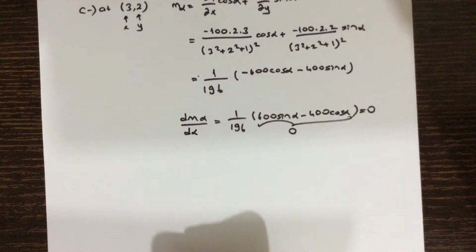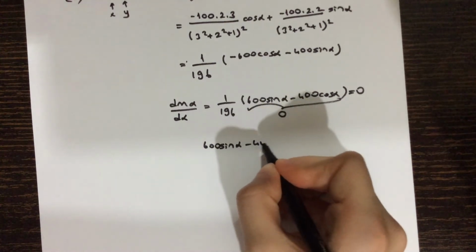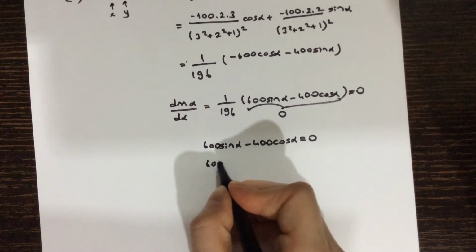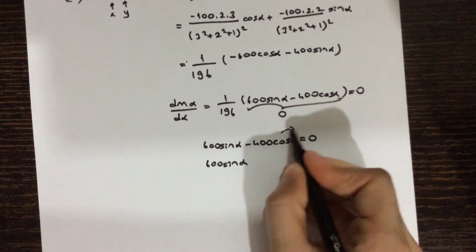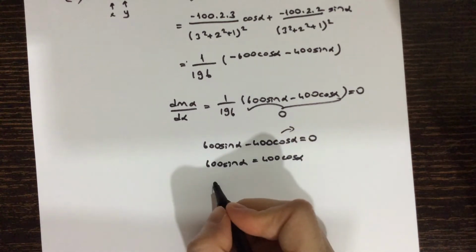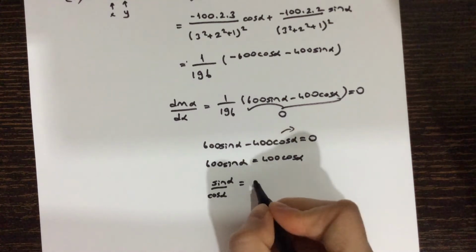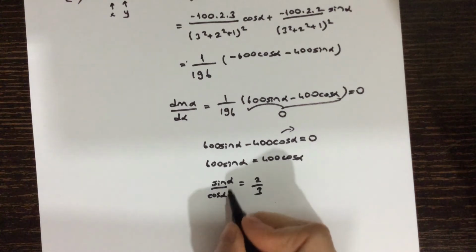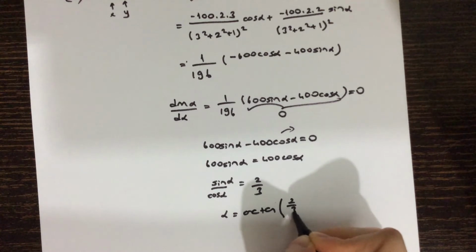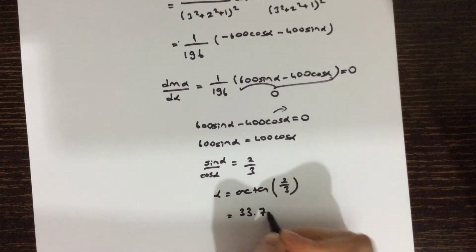So here we have 0. If you divide them by each other, you're going to get this. And to find the alpha, then you get this.